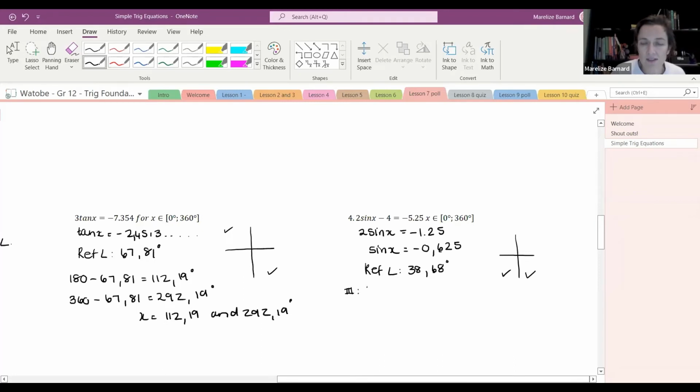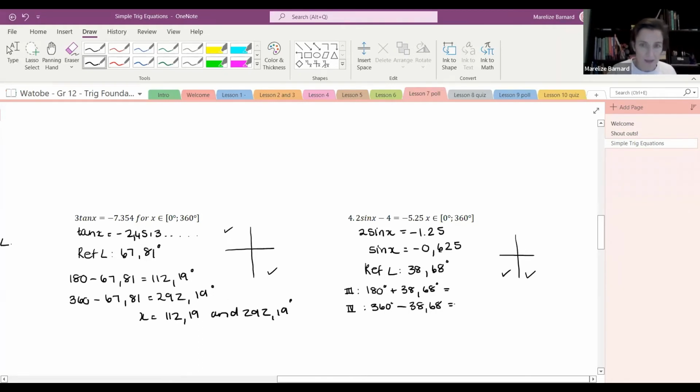Third quadrant answer is 180 plus 38.68 degrees. And we'll work that out just now. And my fourth quadrant answer will be 360 minus the reference angle, 38.68.